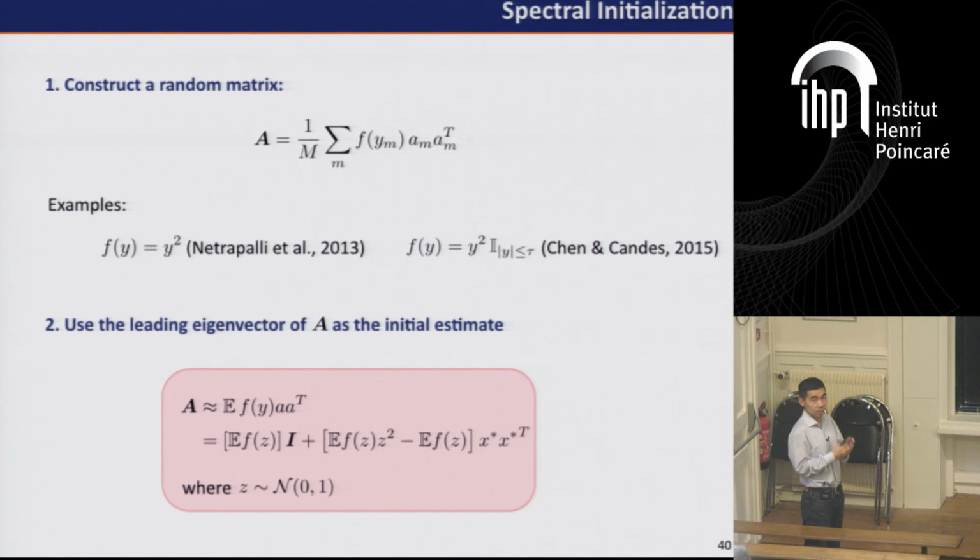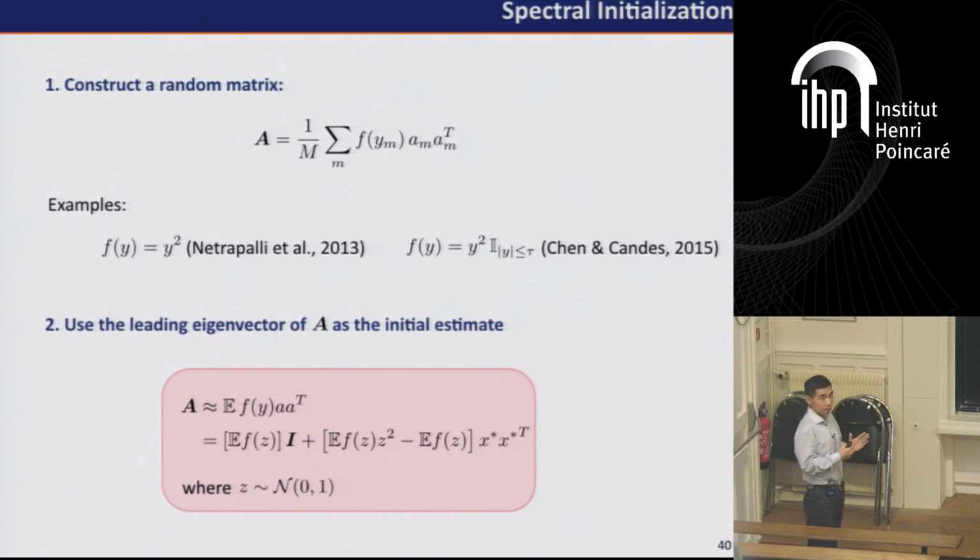So it's a linear combination of weighted rank-one matrices. Okay? And you find this matrix A and you compute its leading eigenvector. The claim is that the leading eigenvector is going to be correlated with the true signal. Okay? And there is a simple hand-wavy explanation.